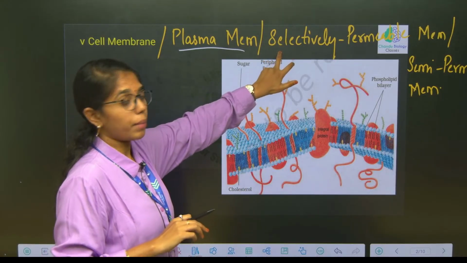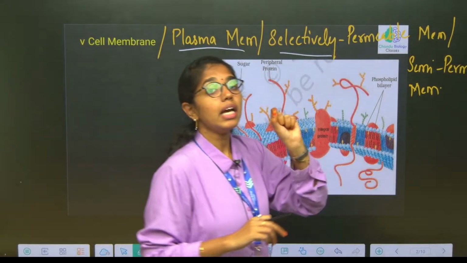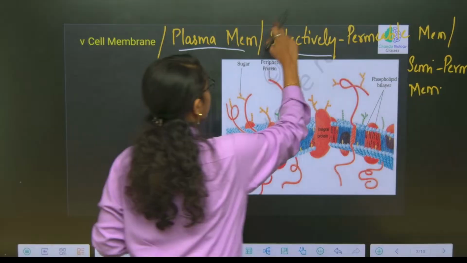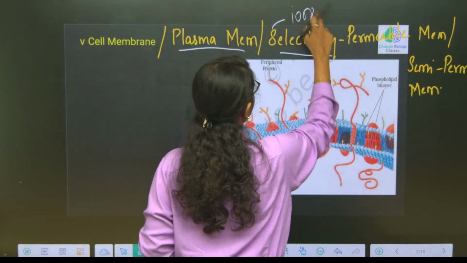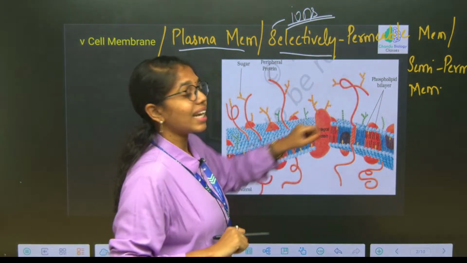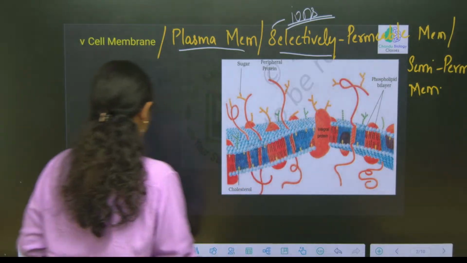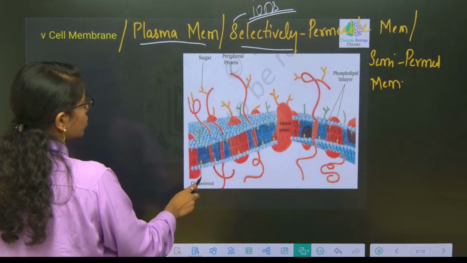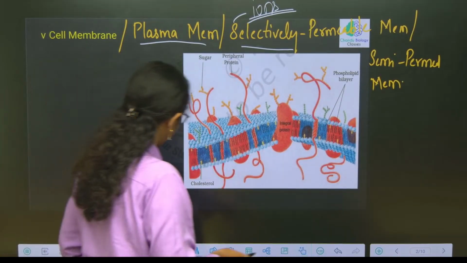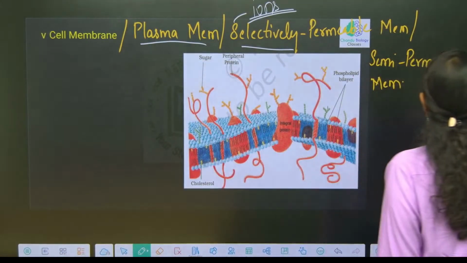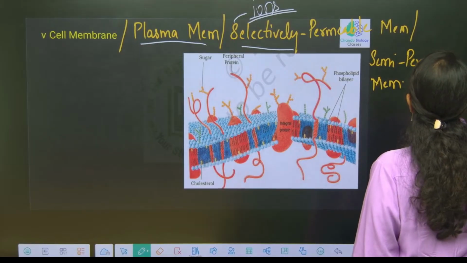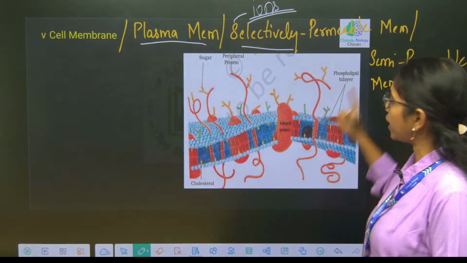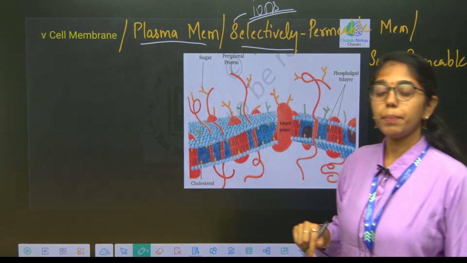Selectively permeable membrane because it selectively regulates the entry and exit of molecules and ions in and out of the cell. It is called a semi-permeable membrane because it regulates the movement of solvent molecules. It allows the movement of solvent molecules freely inside the cell. That is why it is also called a semi-permeable membrane.